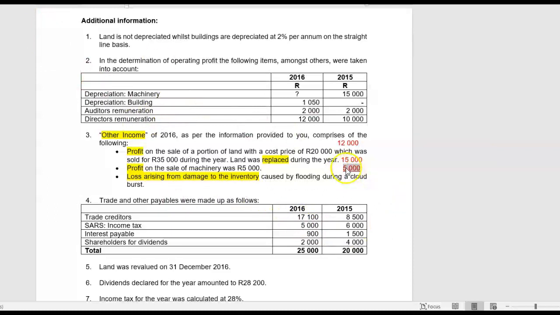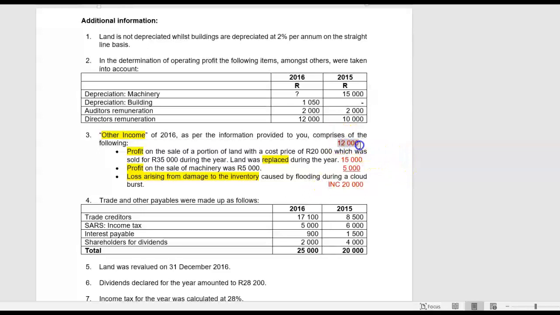We had a profit of 15,000 rand. So we have a total profit there, which is the income figure, and we talk about other income, of 20,000 rand. Now, what was the amount that they gave us in the income statement? The amount that they gave us in the income statement was 12,000 rand.